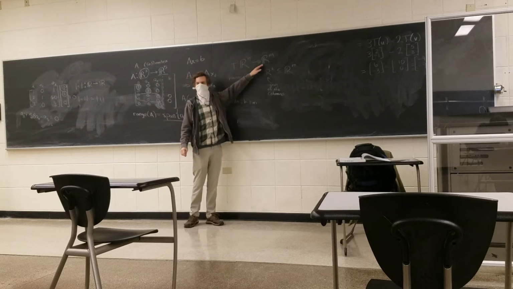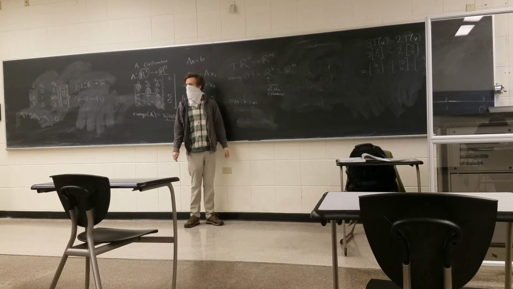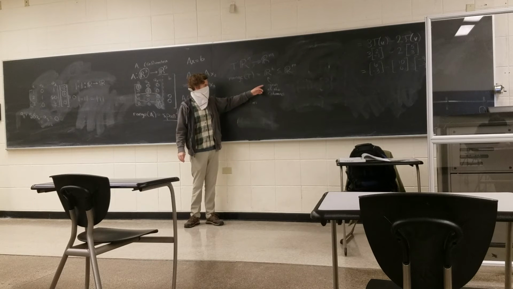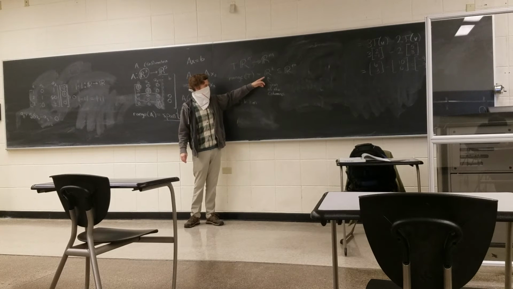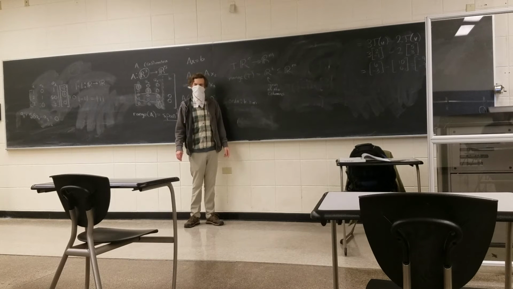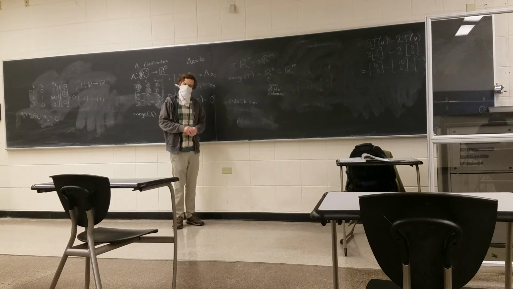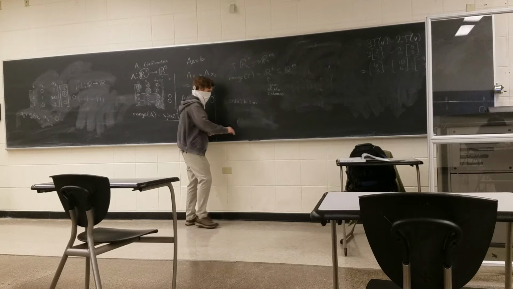Because if this is R1, then we got a weird situation where the span is bigger than this. So if you have more inputs than spaces in your codomain, then you'll at least be onto. You'll fill up that space completely, and you'll have extras that might drop off from your input, and that's okay.